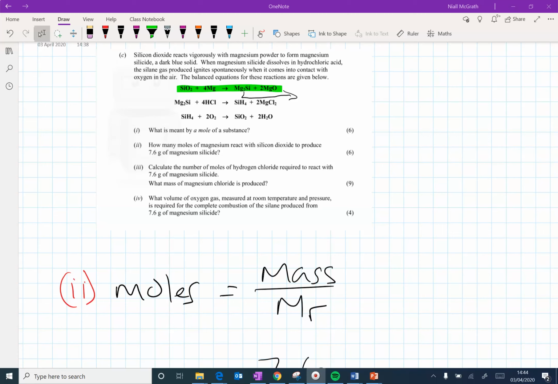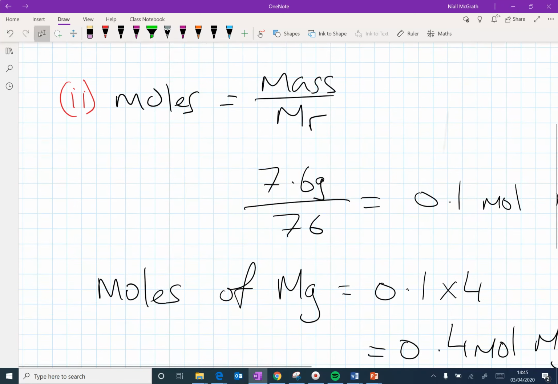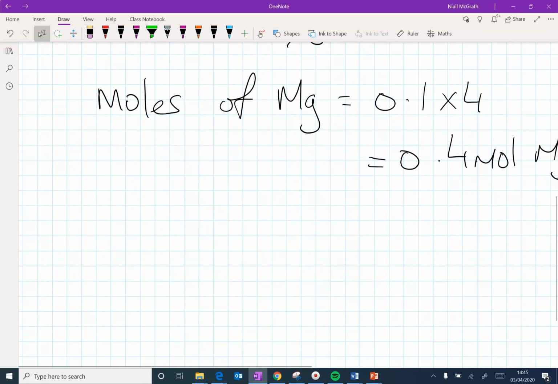So from part 1 we know we have 0.1 moles of magnesium silicide, and that's the same magnesium silicide as down here, so we have 0.1 moles of it down here as well. 1:4 ratio between this magnesium silicide and the hydrogen chloride. So again, multiply by 4, and it's going to come out to be 0.4 moles of that as well.